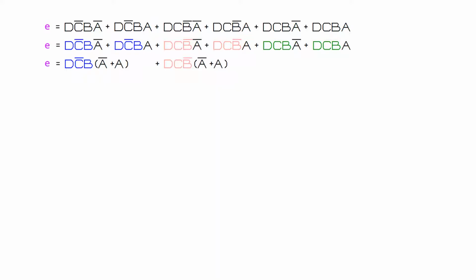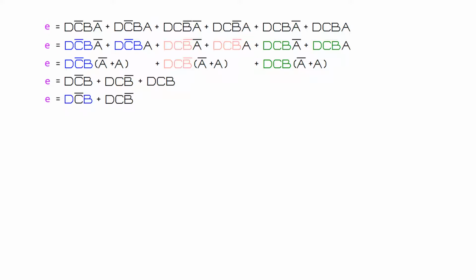So the first 2, it's the A that's redundant using the complement law. The second 2 is the same thing, and the third pair also have common factors. So we can use the complement law 3 times here. D not C B multiplied by not A or A, DC not B multiplied by not A or A, and DCB multiplied by not A or A. And remember, a complement ORed with its variable is equal to 1.